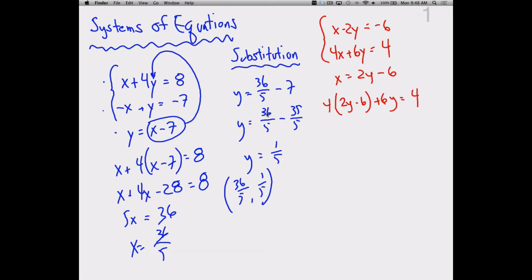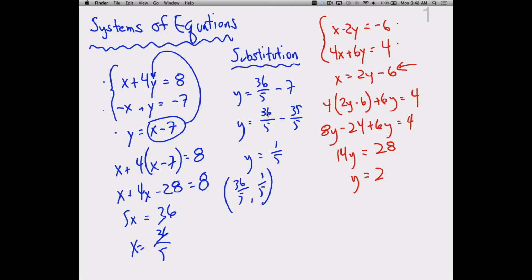Oh, I did get it. I got 10, 14. Okay. 24 plus 6y equals 4. Good try. I solved that and I got 14y equals 28. And then y equals 2. And then I plugged y equals 2 back into the third from the top.